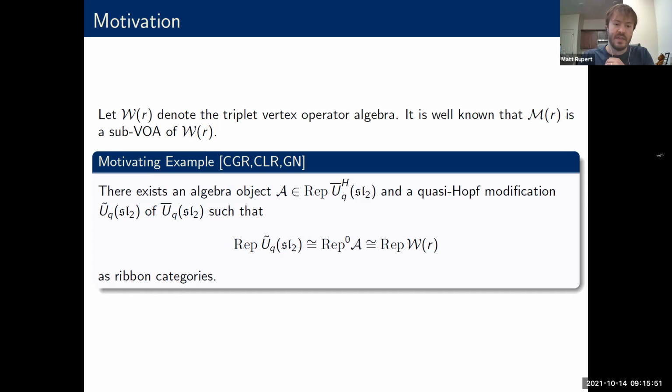And I guess I'll mention this algebra object and the associated quasi-Hopf algebra were first introduced by Creutzig, Gainutdinov, and Runkel. And these equivalences were proven in the p=2 case by Creutzig, Simon Lentner, and myself, and then for arbitrary p by Terry Gannon and Chris Negron.